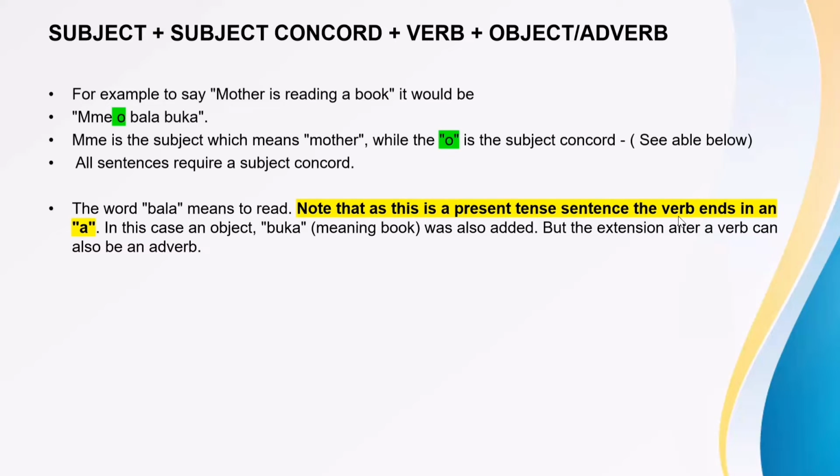So this is in present tense, so the verb ends in an A. But if it was not in present tense, it was not going to end in an A. In this case, the object is buka, which is book, but the extension after the verb can also be an adverb. So remember, subject, subject concord, verb, and then lastly, the object or adverb.